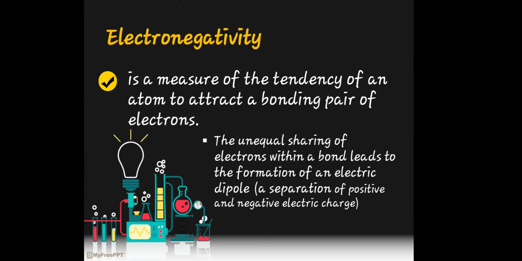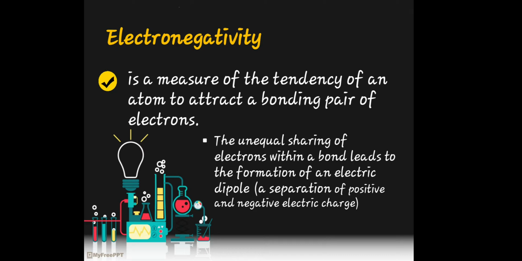So let's go now to the definition of electronegativity. As I've said, electronegativity is a measure of the tendency of an atom to attract a bonding pair of electrons. Please be reminded that if there is unequal sharing of electrons within a bond, it leads to the formation of an electric dipole, or the separation of the positive and negative electric charge.